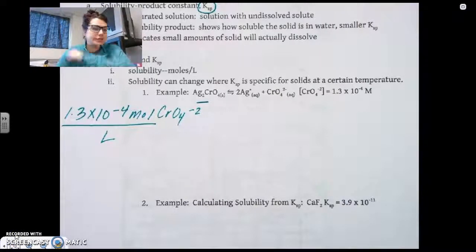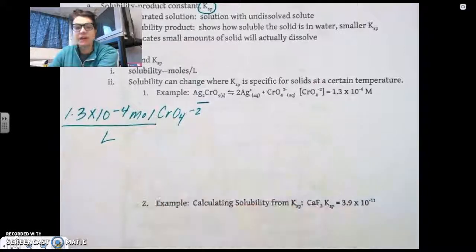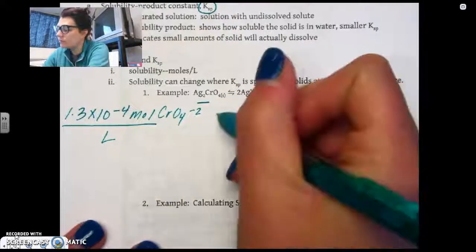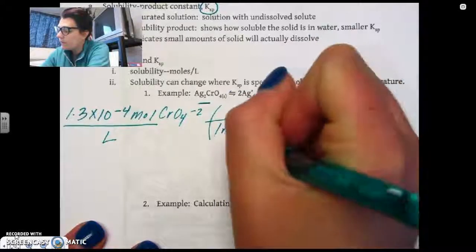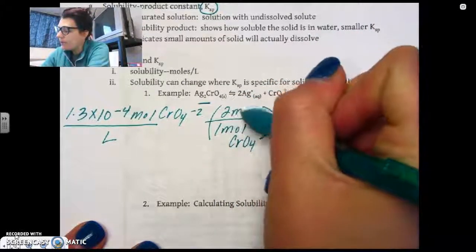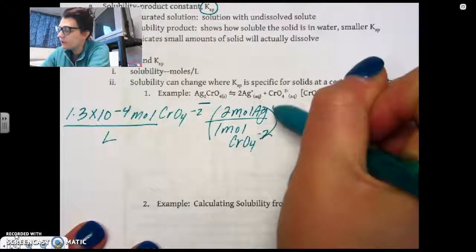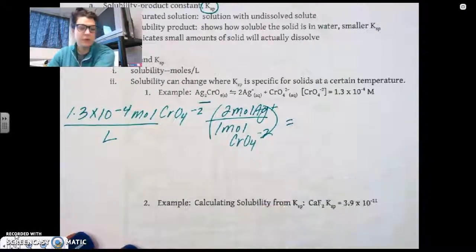But we also need to figure out the concentration of silver based off of this concentration of chromate, because it had to come from the silver chromate. For every 1 mole of CrO4 2-, I can have 2 moles of silver. So silver's concentration is going to be doubled.